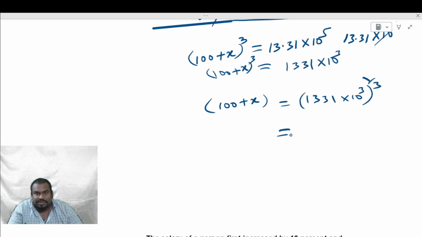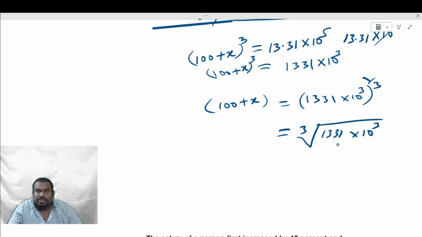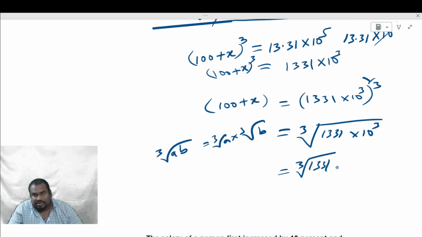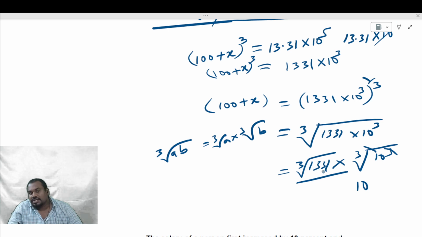So cube root of 1331 into 10 cube. Cube root of AB means cube root A into cube root B. The same way, it can be written as cube root 1331 into cube root 10 cube. Cube root of 10 cube gets cancelled, it becomes 10, and this becomes 1331.